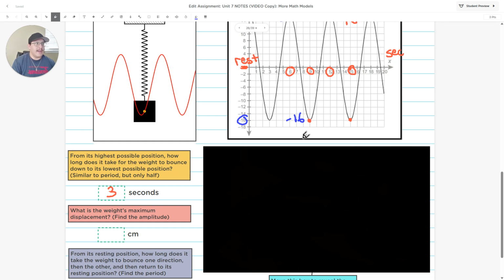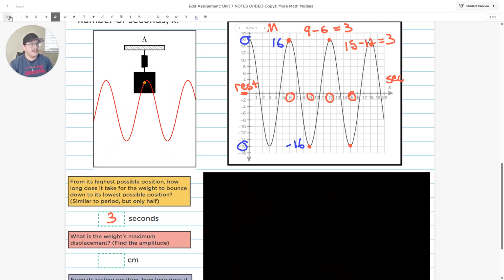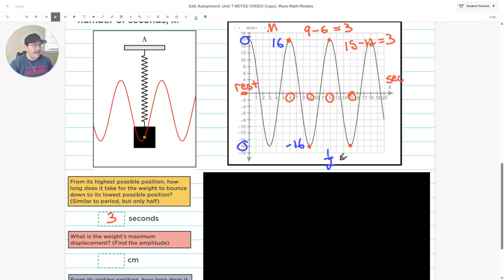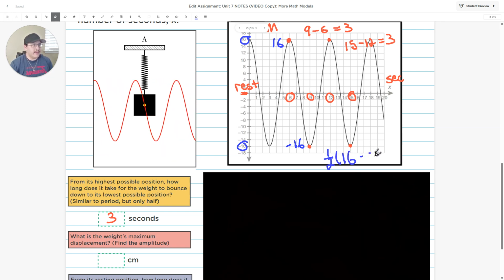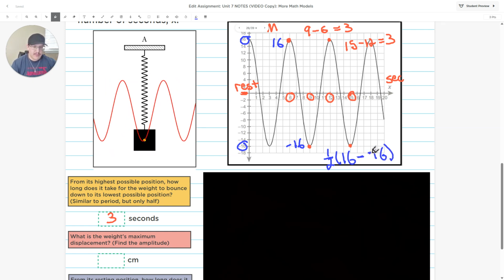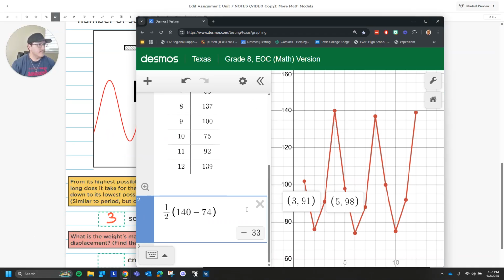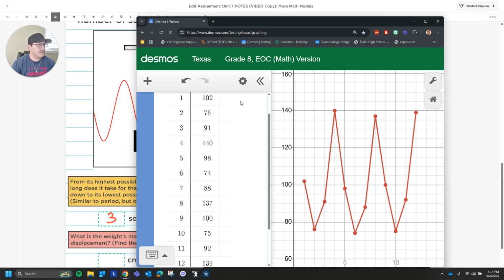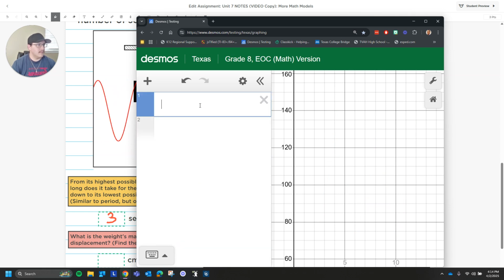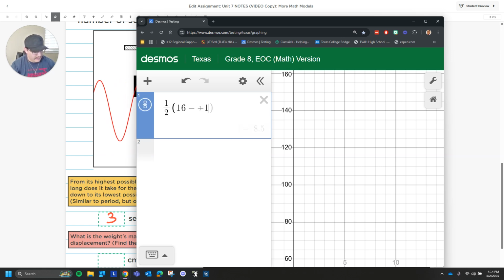To find the amplitude, we subtract the lowest from the highest and then take half of it. So one half of 16 minus negative 16, which if you do the math, is just 16, but just to show y'all on the calculator: 1 over 2, parentheses, 16 minus negative 16, will be 16.